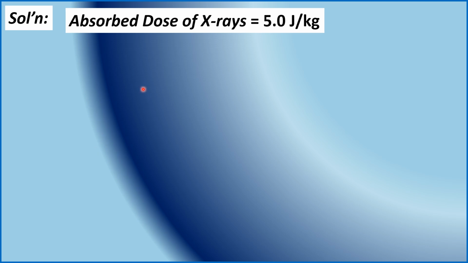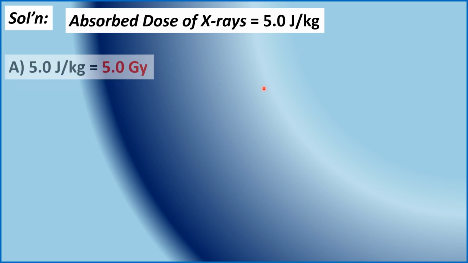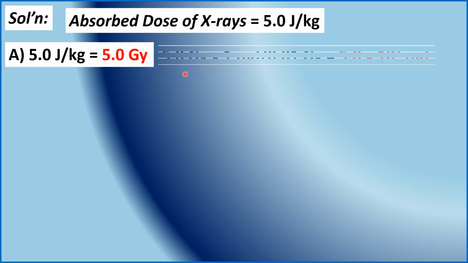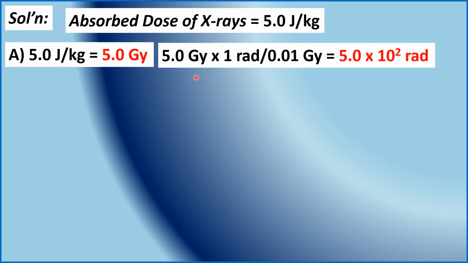Since we are given the absorbed dose of X-rays, which is equal to 5.0 joules per kilogram, our answer to letter A, what is the absorbed dose in gray? It is exactly 5.0 joules per kilogram, which is 5.0 gray. And how much is this in rad?